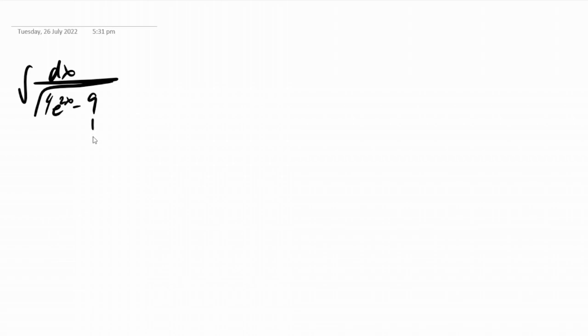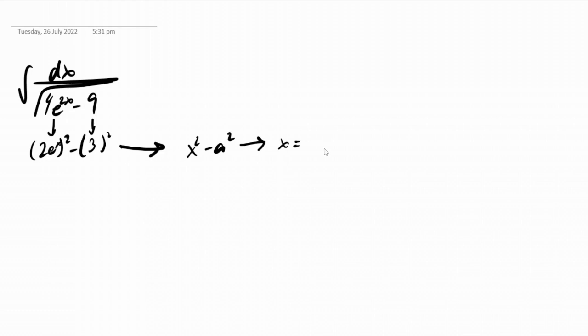This will just be 3, and this will just be 2e^x. So this is just the same as the form x squared minus a squared, and that equals the substitution of x equals a secant theta, right?